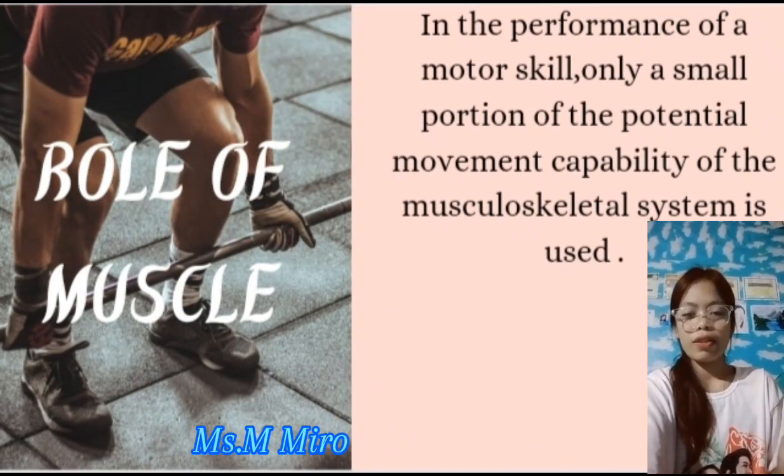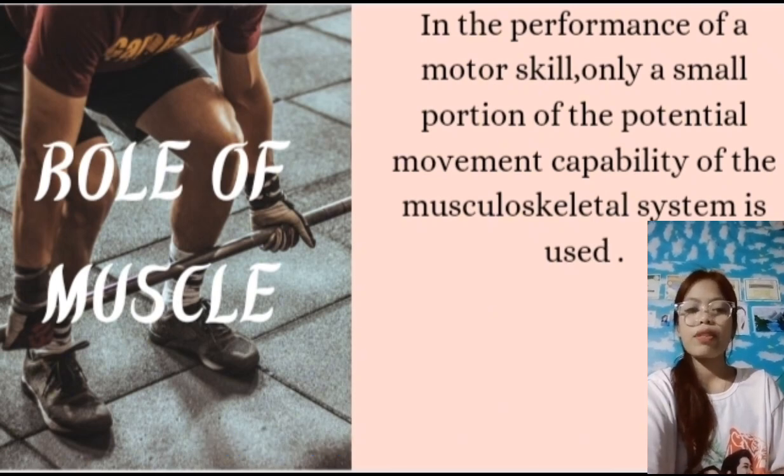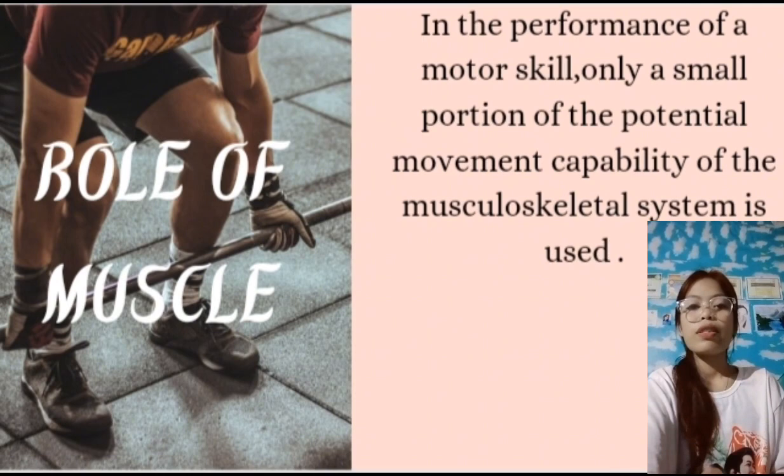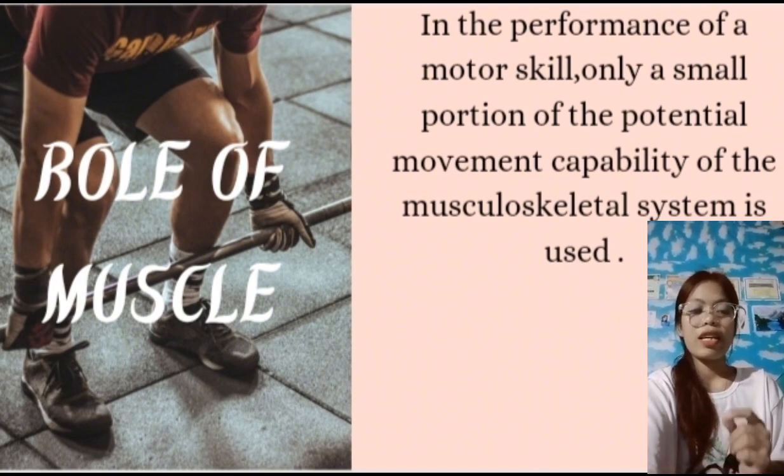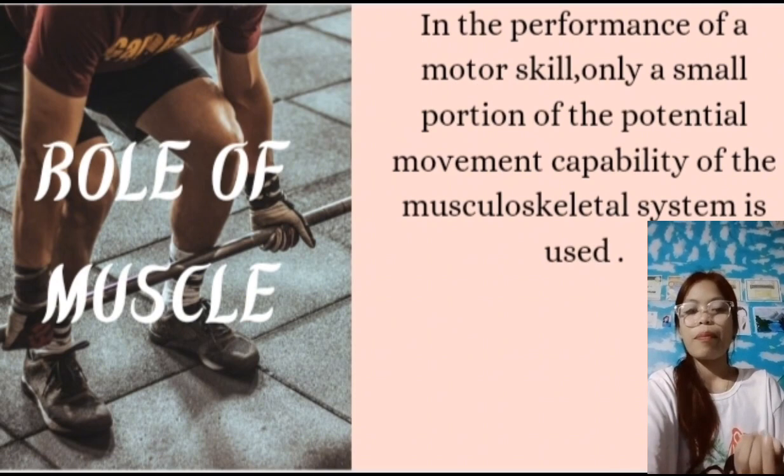So, role of muscle. In the performance of a motor skill, only a small portion of the potential movement capability of the musculoskeletal system is used. So, the role of muscles in the performance of a motor skill is crucial. Muscles are responsible for generating force and producing movement in the body.